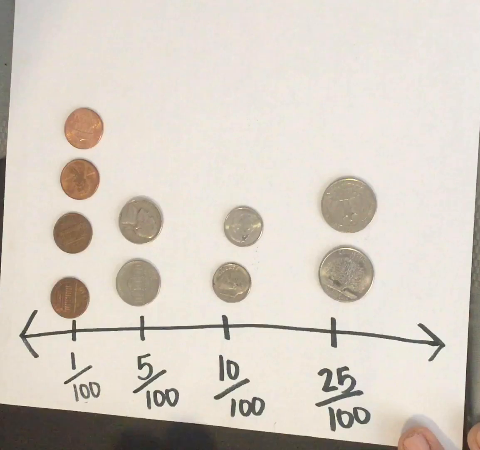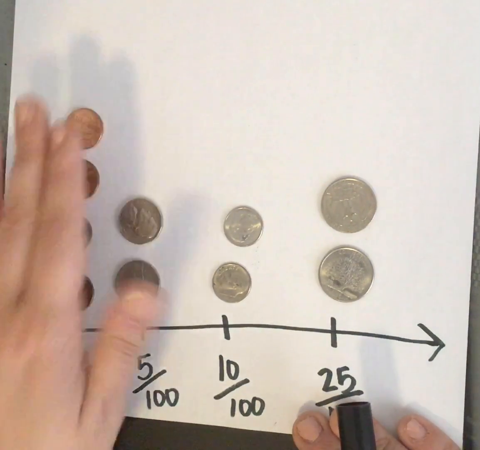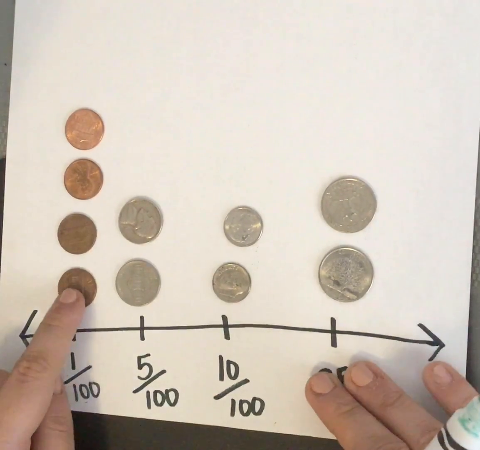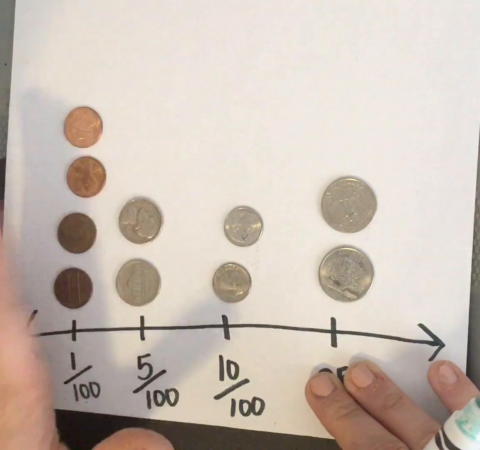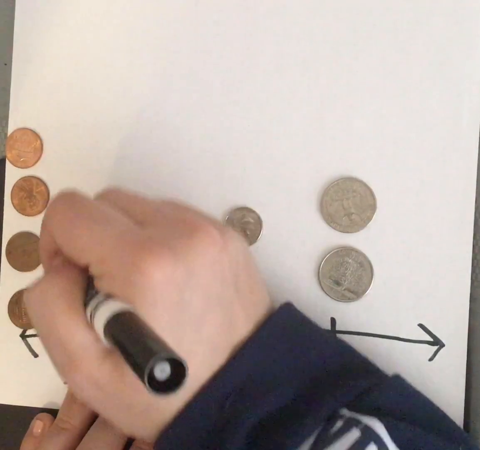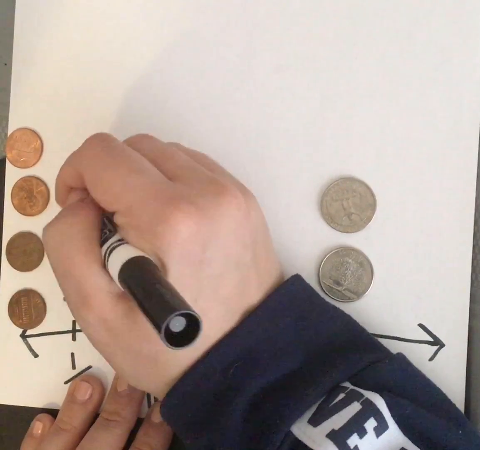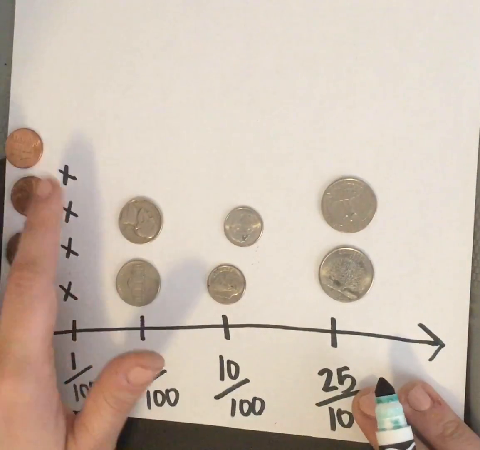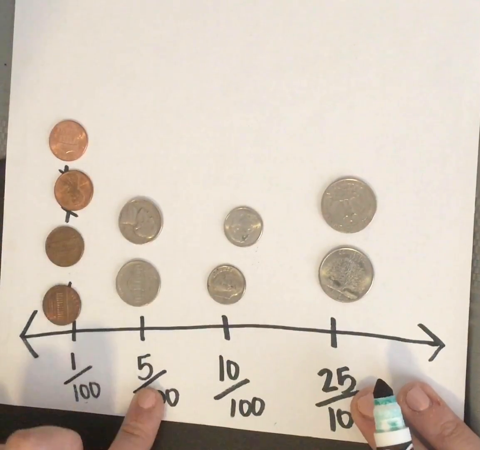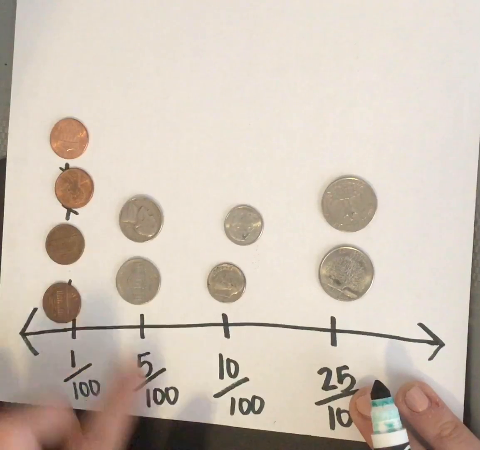And then, if this was my line plot, then I would need to put an X for each one. So I can see that I have 1, 2, 3, 4 pennies. So on my line plot, I need to have 1, 2, 3, 4 X's to show that I have 4 pennies.